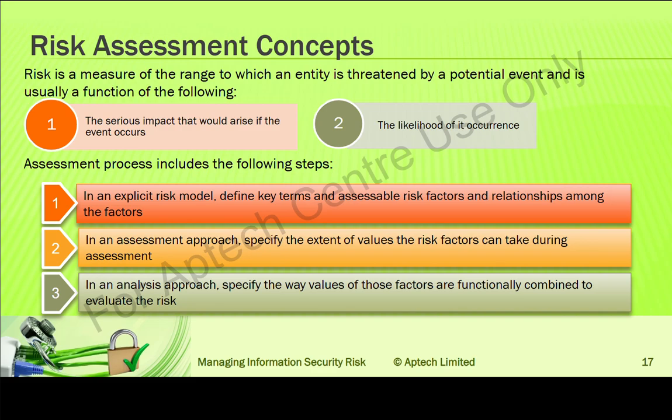And then the assessment process includes the following steps. One, in an explicit risk model, define key terms such as assessable risk factors and the relationships among the factors. Number two, in an assessment approach, specify the extent of values the risk factors can take during the assessment.